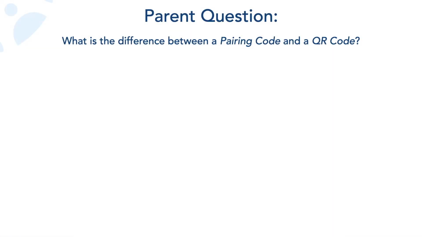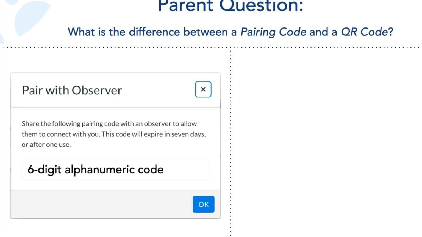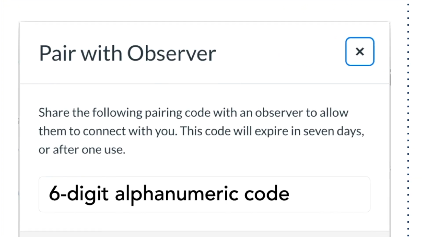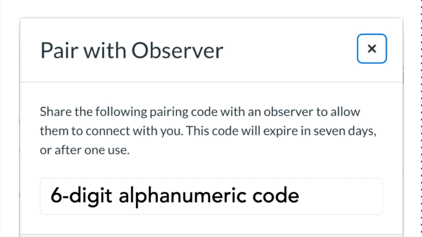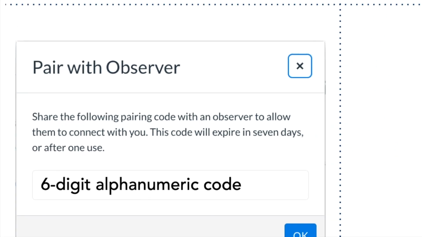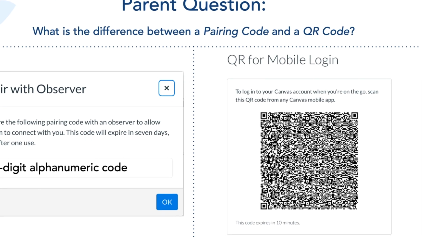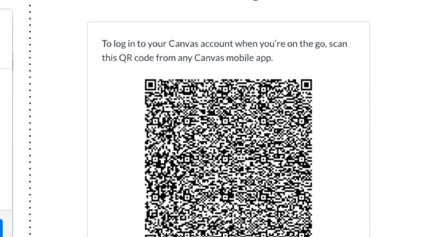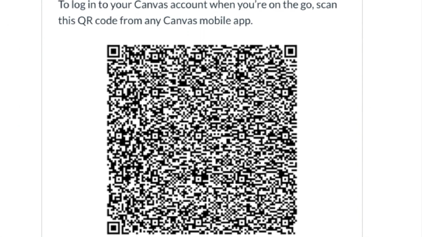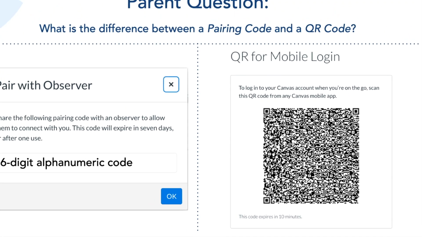One of the questions we received during our virtual meeting was, what is the difference between a pairing code and a QR code? Think of the pairing code like a password. It's used to link a specific student to an observer account. The QR code allows an observer who has already created an account on a computer to quickly log in to the mobile app without having to search for a school and type in their login information.